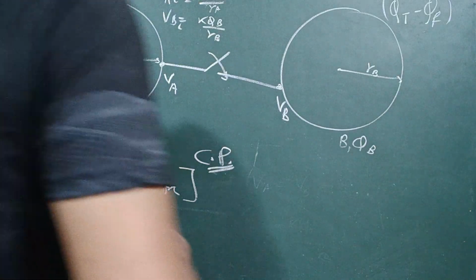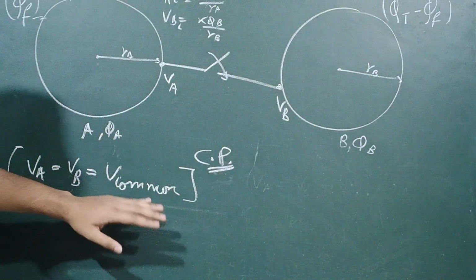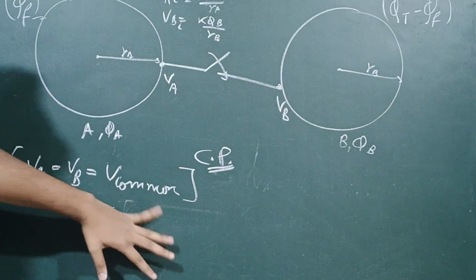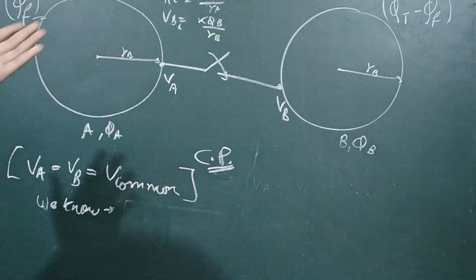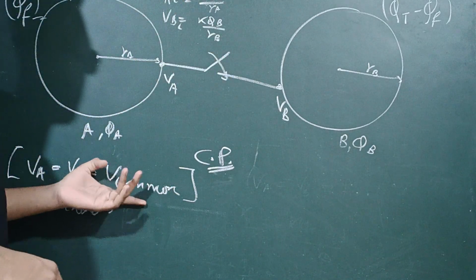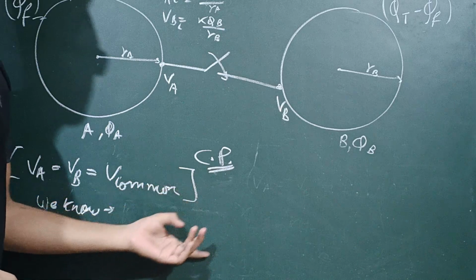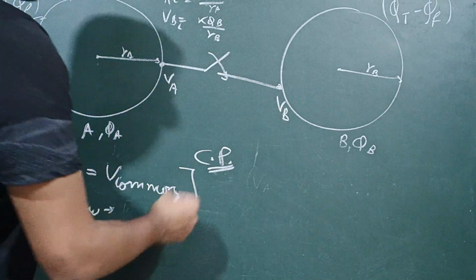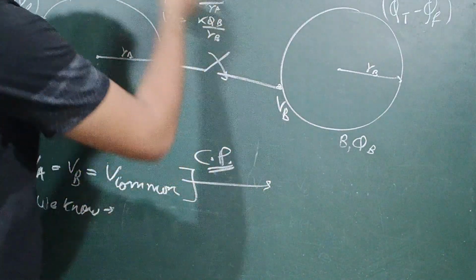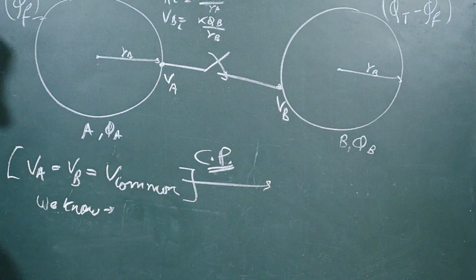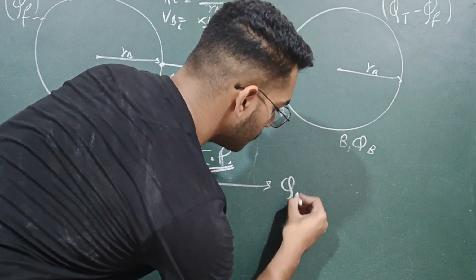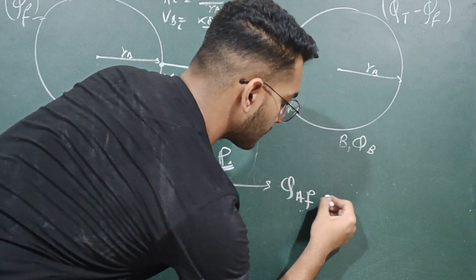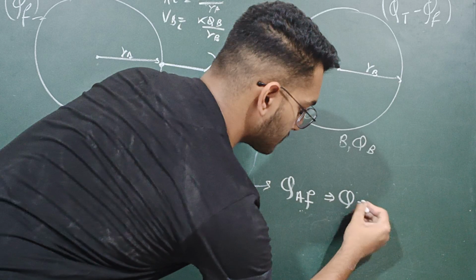So they can ask you anything, but the concept is this: after connecting the switch with both the charges, this whole system becomes an equal potential surface, and this will acquire a common potential that is V common, and from V common you can derive the final charges. So I will just call the final charge on A QAF equals QT.